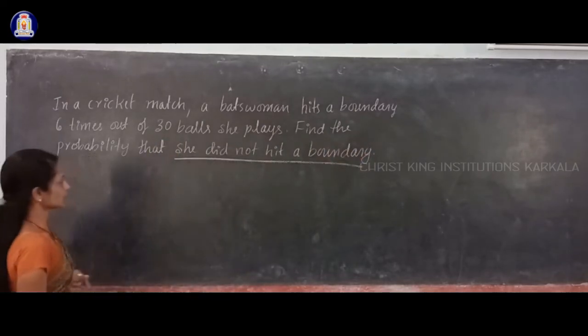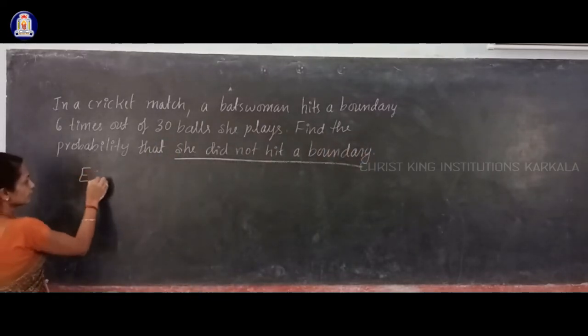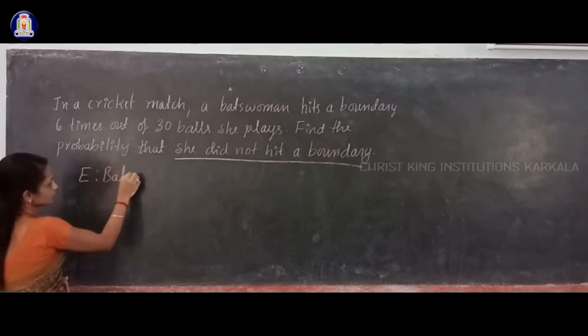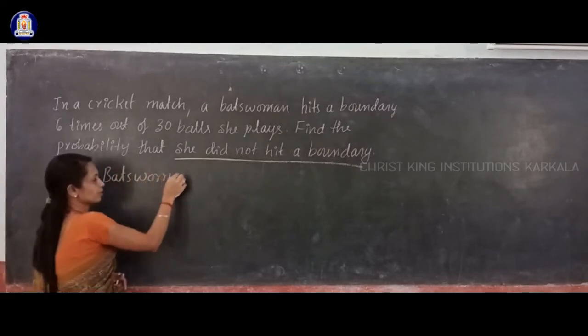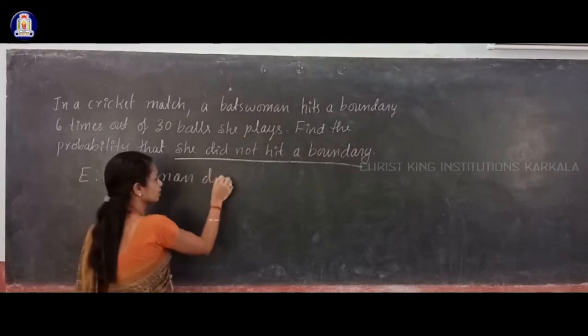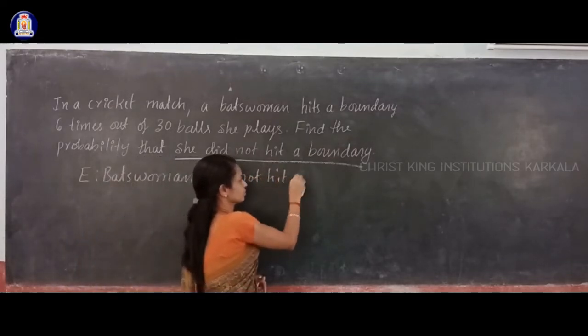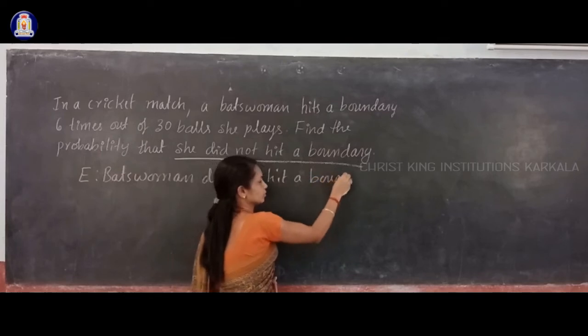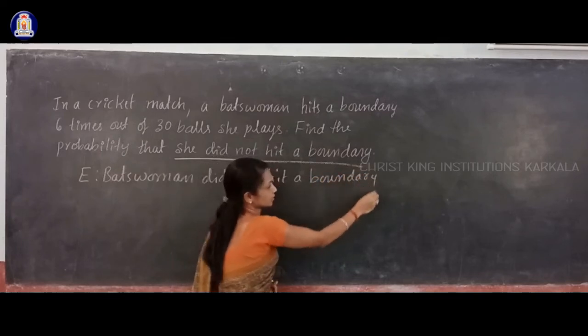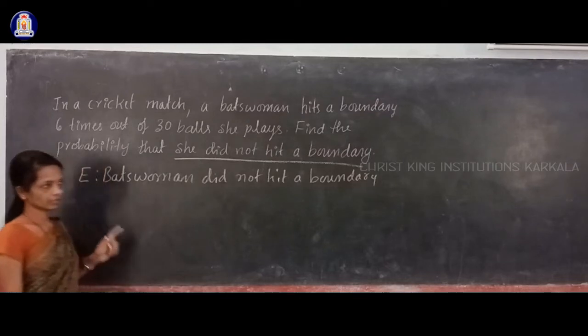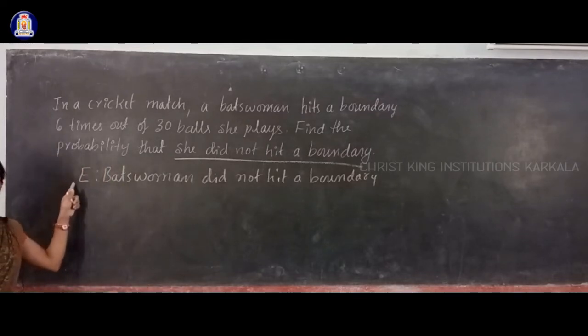So what is event E? E is: a batswoman did not hit a boundary. This is the event. You have to find the probability of that.